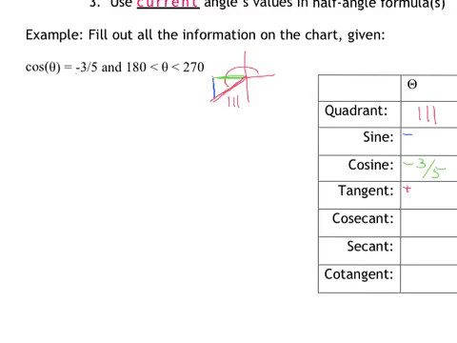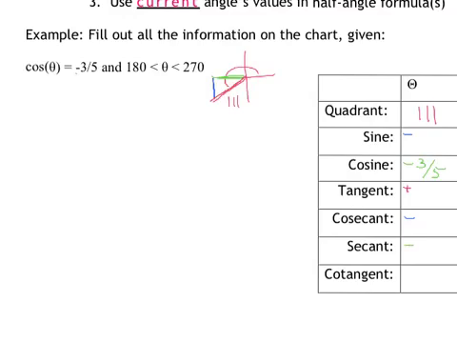Negative divided by a negative is positive. And then the cosecants and secants and cotangents, those are the reciprocals of the original, and so they're going to have the same sign. A cosecant is going to be the reciprocal of sine, and so it'll have the same negative sign that sine had. Secant is the reciprocal of cosine, and so it will also have a negative value.